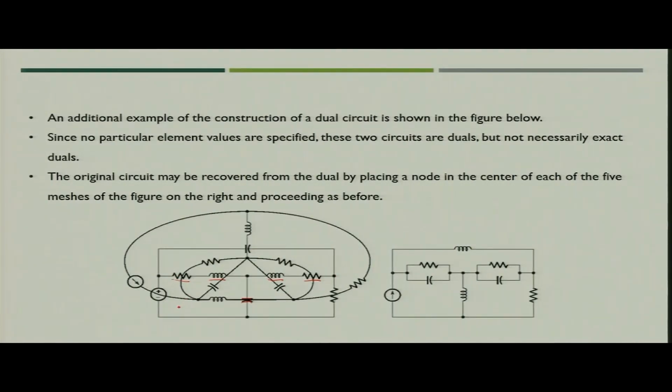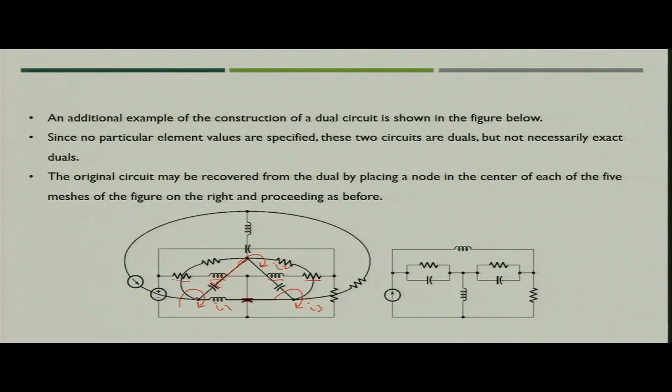So, what are the various mesh currents? You may say that there are 3 meshes, that is I1, I2 and I3. Rather than writing the mesh equations and correspondingly finding the nodal equations, we will simply use the analogy.